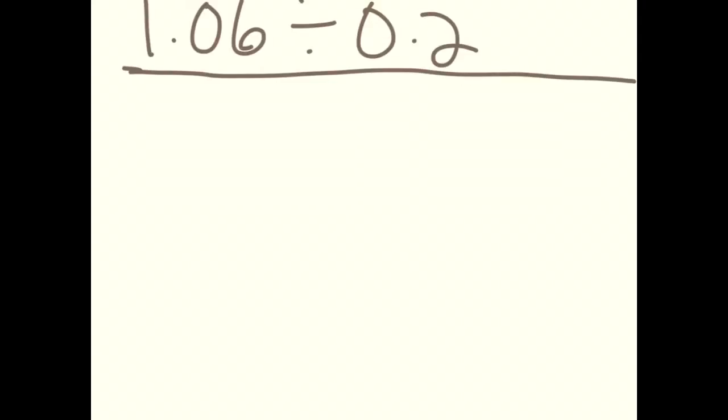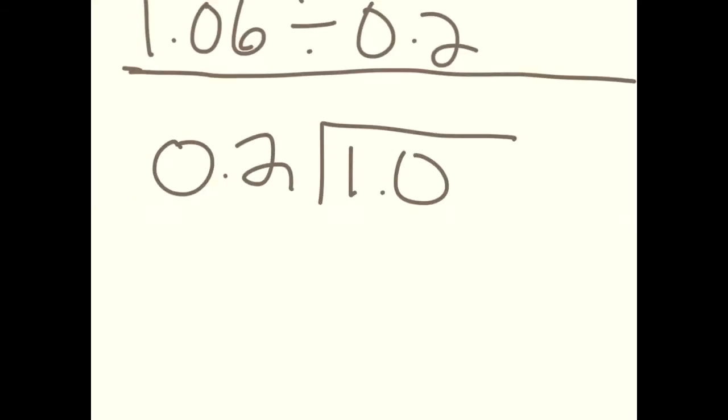To divide this problem, you need to write it out. So it would be 0.2 divided by 1.06. Then you need to move up the decimal. You have to move this one too.